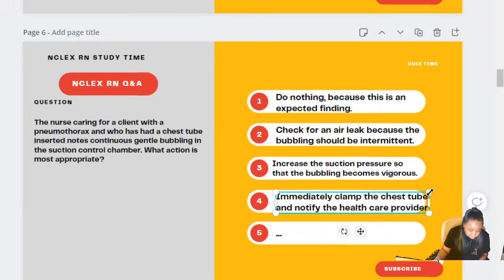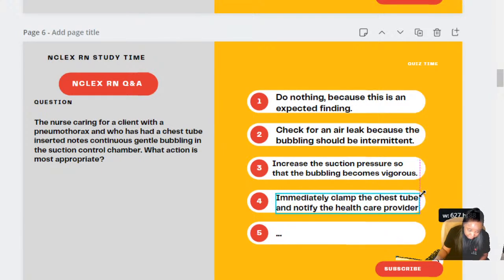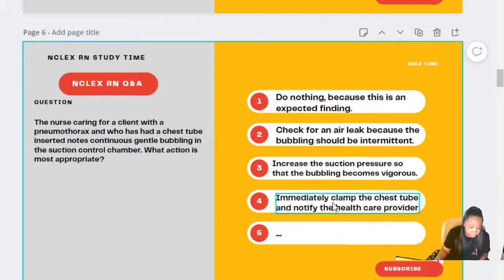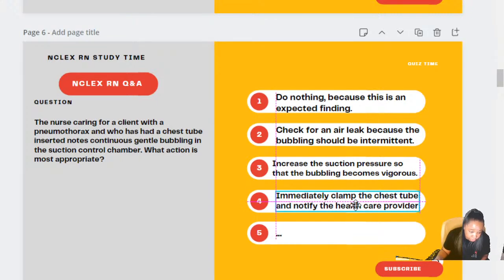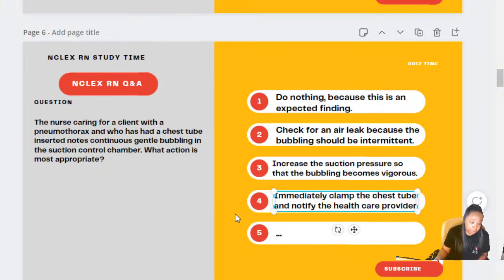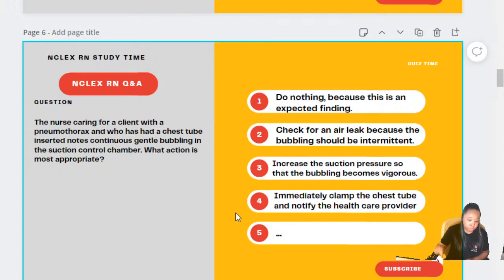There's one situation where you have to do that, but this is not it. Never, because that can cause bigger damage to the patient. You are using the chest tube to remove either fluid or air, so if you clamp it, there's going to be an obstruction, and that might cause a bigger problem. So this cannot be the answer.